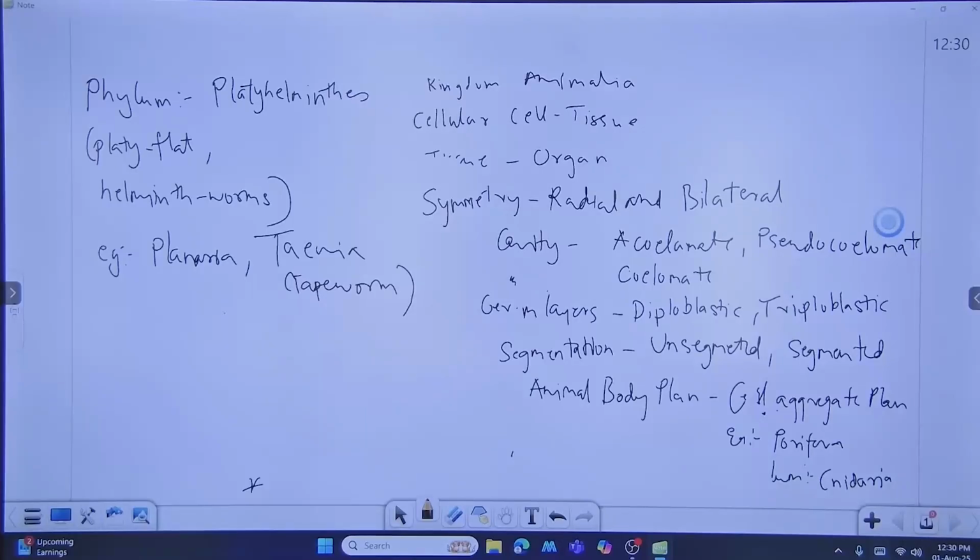They are triploblastic, bilaterally symmetrical and pseudocoelomate with tube within tube body plan. Body is covered by a tough and resistant cuticle. It is a layer. Body wall has longitudinal muscles but no circular muscles. Alimentary canal is complete with mouth and anus. These are all parasitic adaptations in liver fluke and Ascaris.